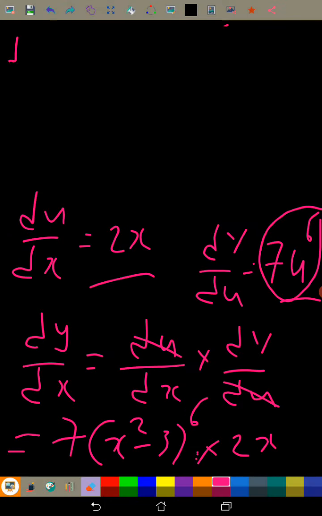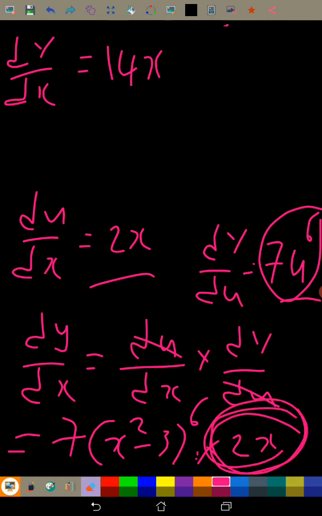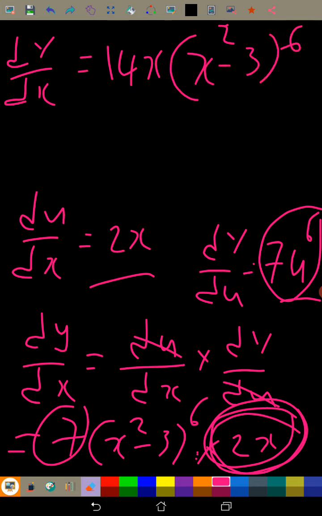We have that dy by dx is going to be 14x, because here we have 2x times 7, 14x, and here we have x squared minus 3 to the power of 6.